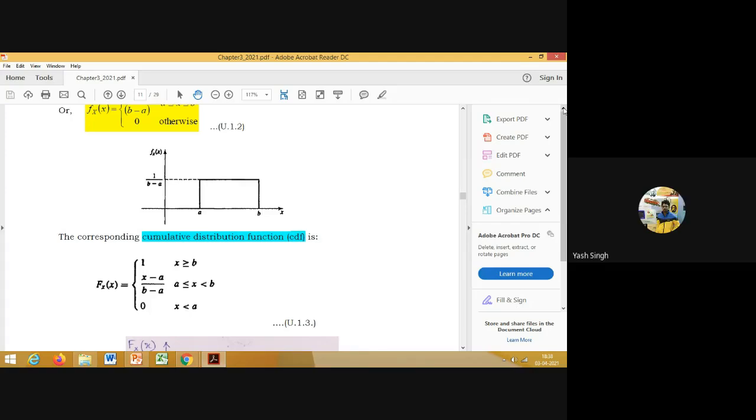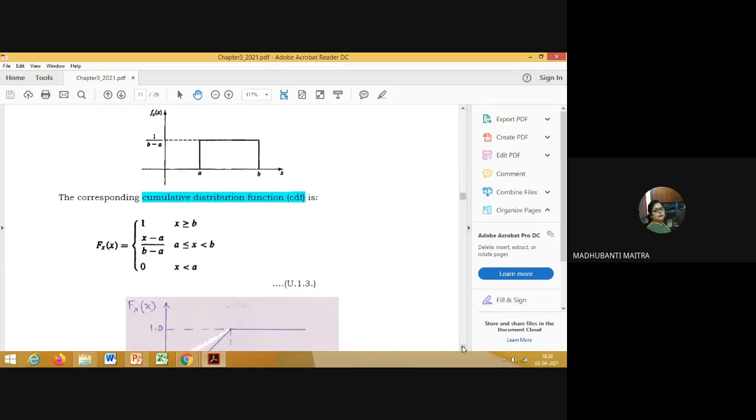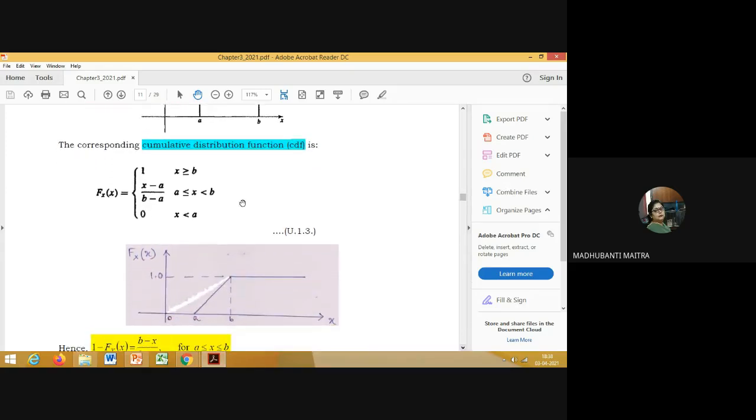Yes, ma'am, done. Okay. Since this is the cumulative distribution function, if x is equal to b or greater than b, the cumulative distribution function will have a value equal to 1, that is the total probability, right?